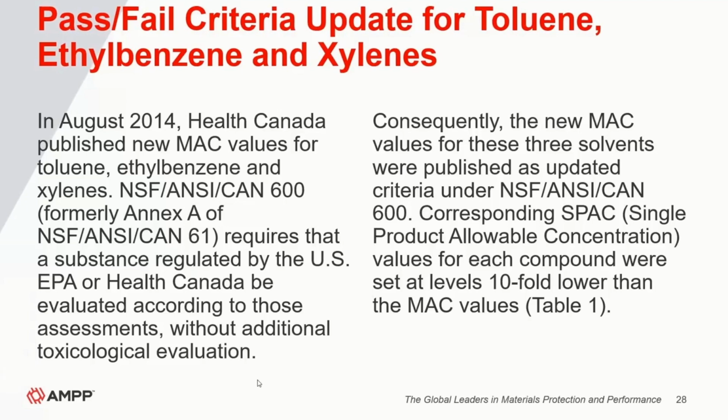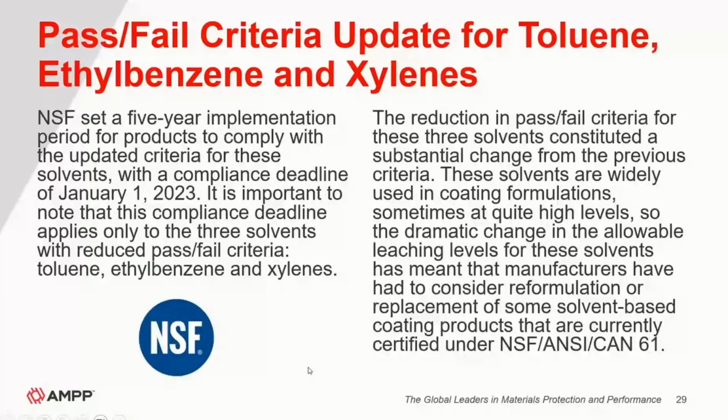Consequently, the new maximum allowable concentration values for these three solvents were published as updated criteria under CAN 600. Corresponding single product allowable concentration values for each compound were set at levels 10-fold lower than the maximum allowable concentrations that were previously in CAN 60 and CAN 61.